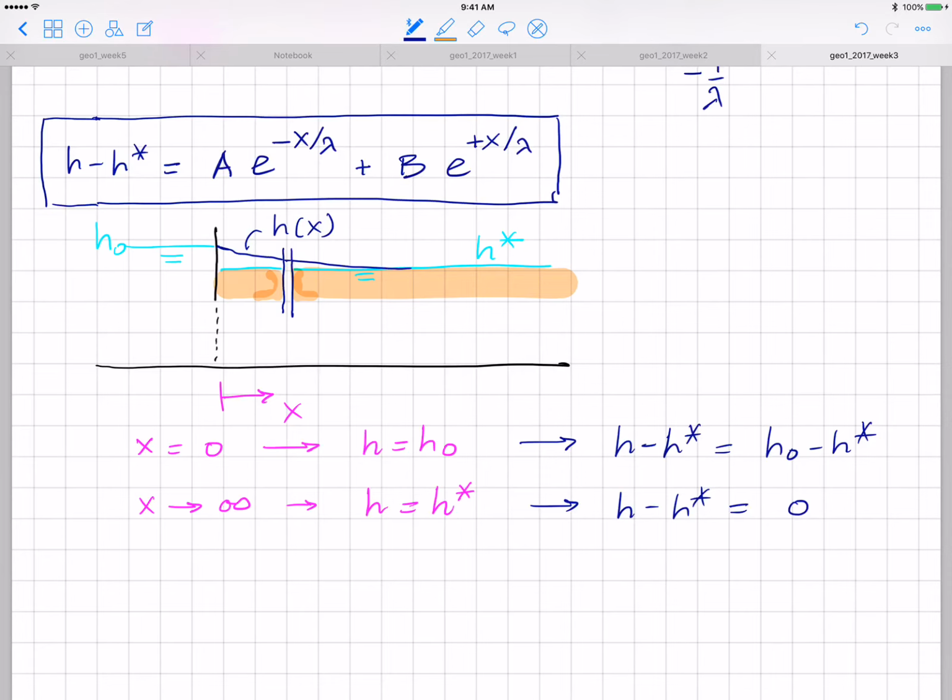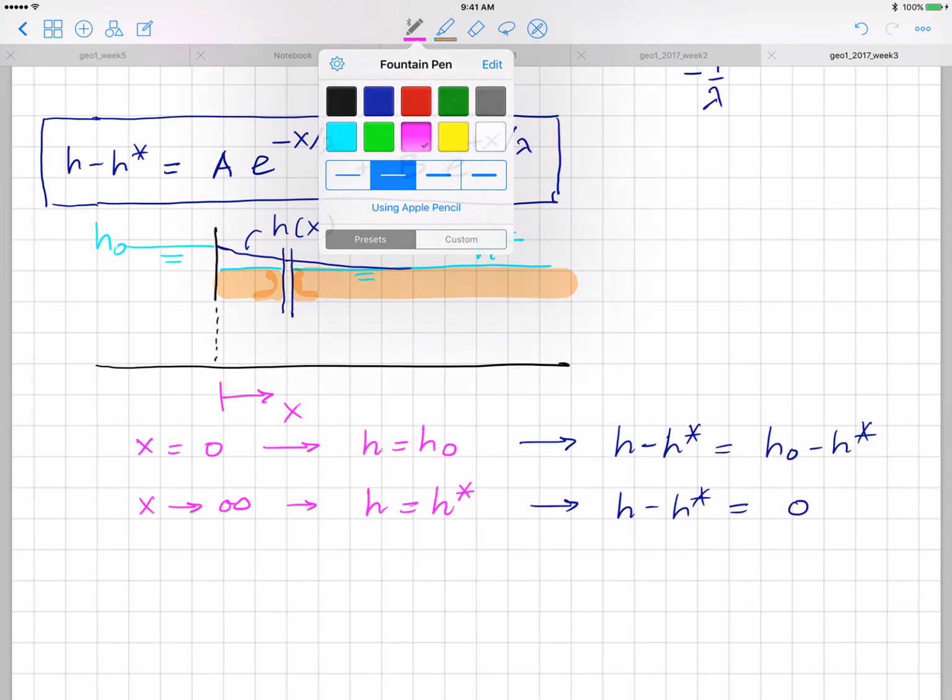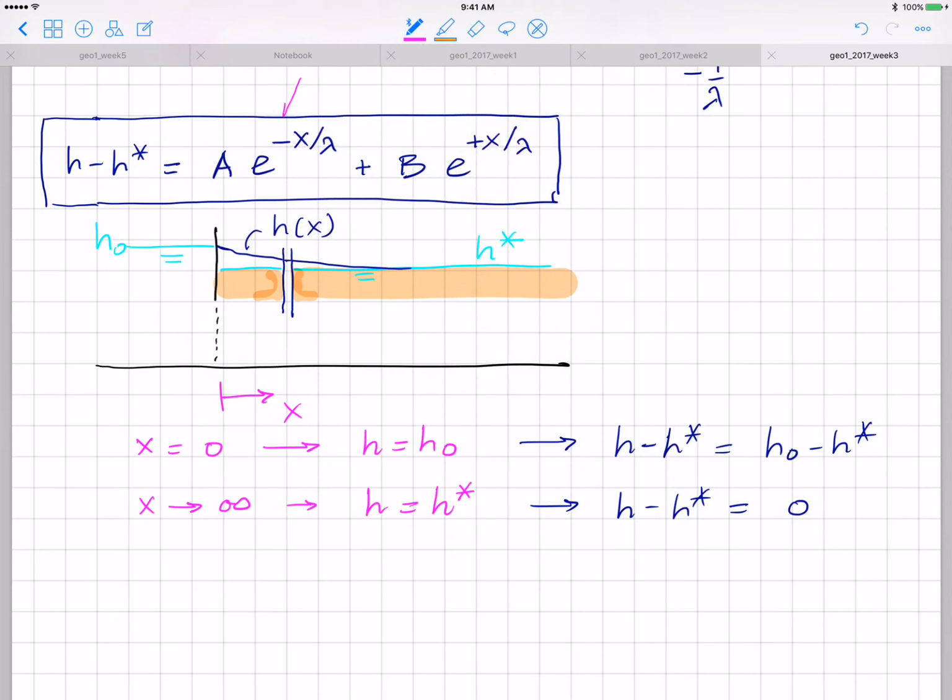Now we have to use those two conditions to solve for capital A and capital B. And we'll start out with the second one. If x becomes very large, then we get capital A times e to the power minus infinity. Well, e to the power minus infinity is 0, so that term becomes 0.